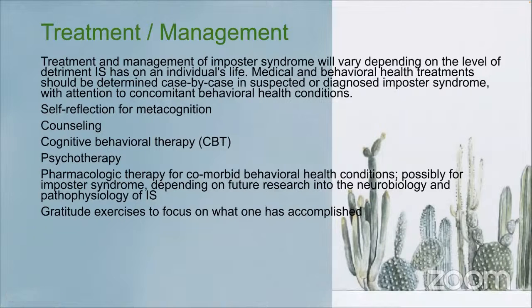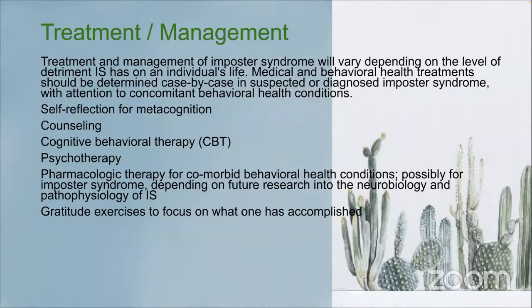So generally, the approach to treating imposter syndrome depends on the extent to which it's negatively affecting an individual's life. Medical and behavioral health interventions should be tailored to each case, and you should also pay attention to any concomitant behavioral or mental health conditions.